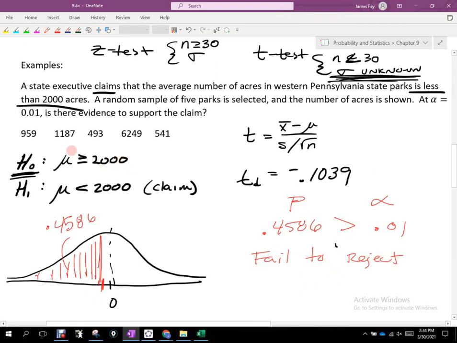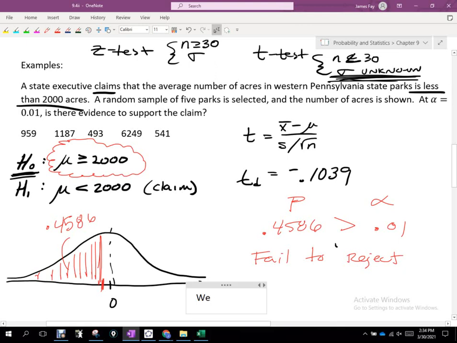So if we fail to reject, think about what the whole process was. At the onset, we're accepting that as truth. We fail to reject it. Our data doesn't lead us to any other conclusion than saying that, yeah, that is the truth. So you fail to reject that. So what we would write, let's see here.